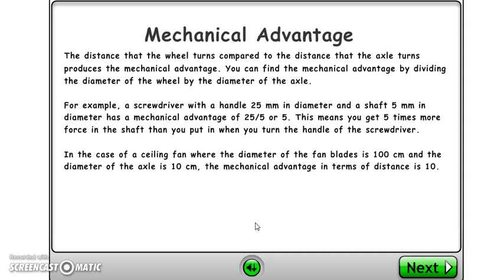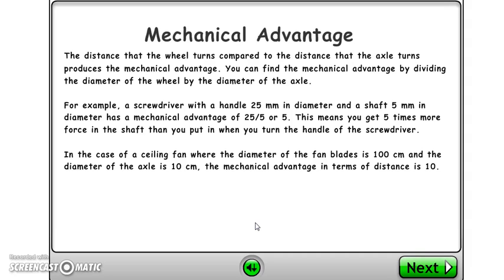For example, a screwdriver with a handle that's 25 millimeters in diameter and a shaft 5 millimeters in diameter has a mechanical advantage of 25 over 5, or basically 5. This means that you get 5 times more force in the shaft than you put in when you turn the handle of the screwdriver.